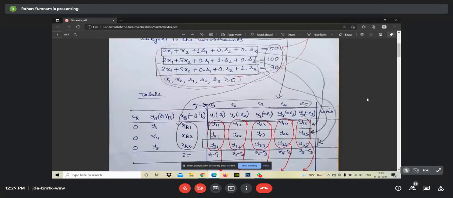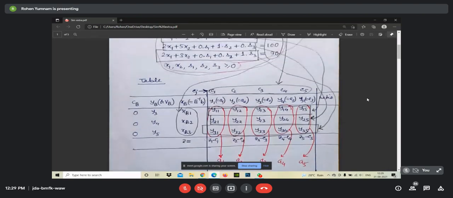A vector of the identity matrix means one of the components will be 1, others will be 0. E1 means the first component is 1 and the remaining components are 0. E2 means the second component is 1, others are 0. E3 means the third component is 1, others are 0. Likewise, you can have E4, E5, E6 according to the size of the problem. And these are coming like this: this is E1, this is E2, this is E3.